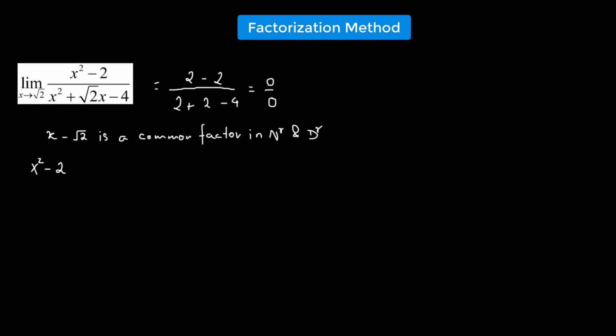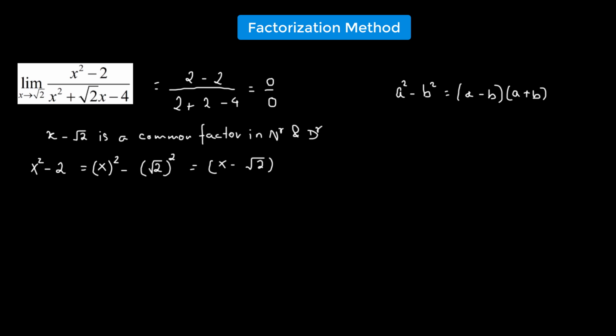So we have x squared minus 2, that can be rewritten as x whole squared minus, so 2 can be written as square root of 2 whole squared. So here we are going to apply the identity that a squared minus b squared is equal to a minus b times a plus b. So this gives us x minus square root of 2 multiplied by x plus square root of 2.